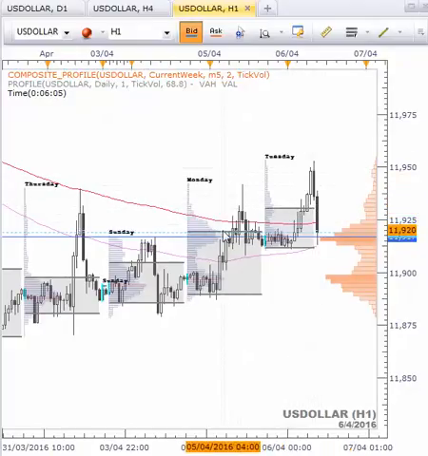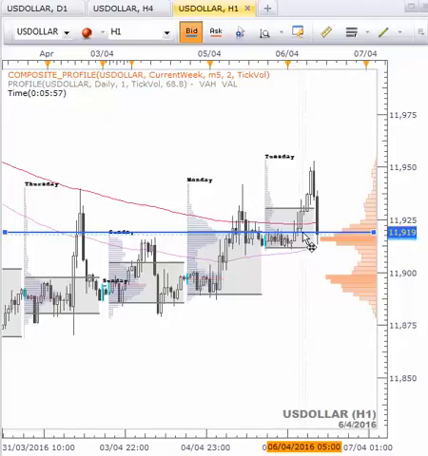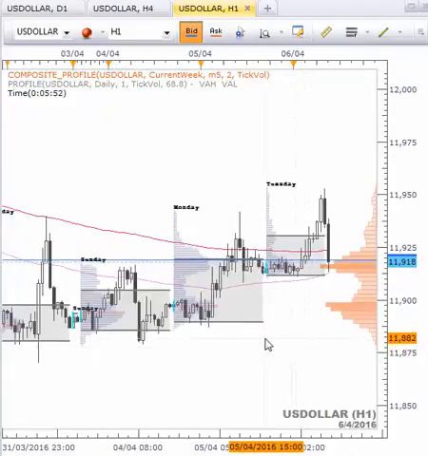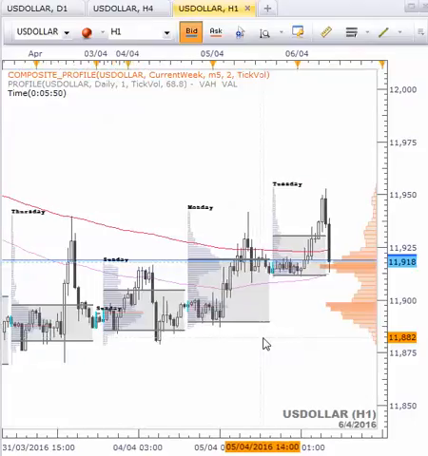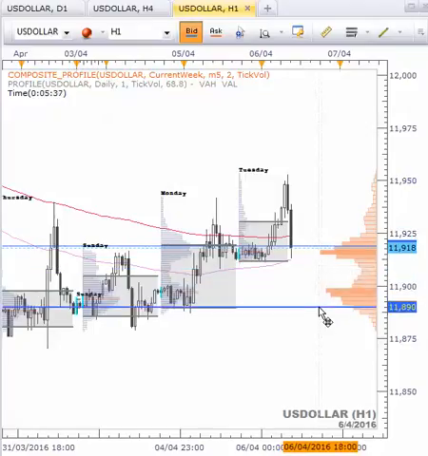Yesterday we traded above the value area. We are trading even as we speak right now above the value area high from yesterday. So today, if it comes below the developing value area, then potentially it could come further down.